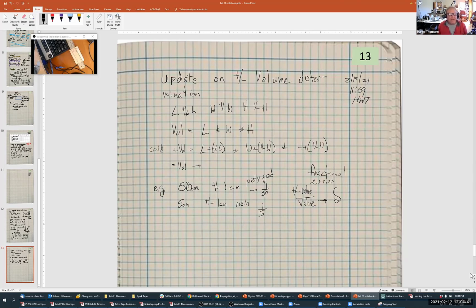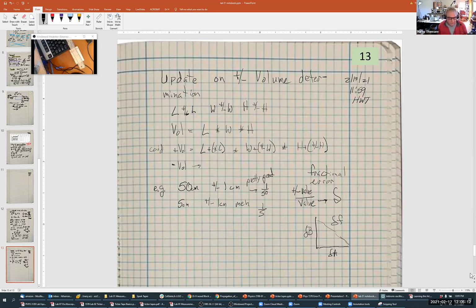Now in the case of length times width times height, remember it's not exactly the Pythagorean theorem anymore, because we have 3 variables, and you can go back in your notes to look at it.